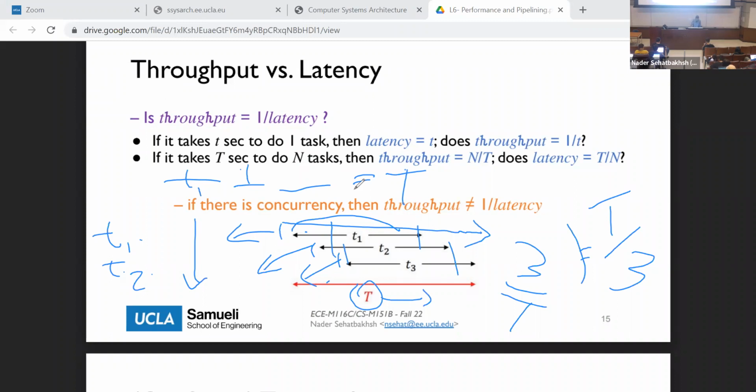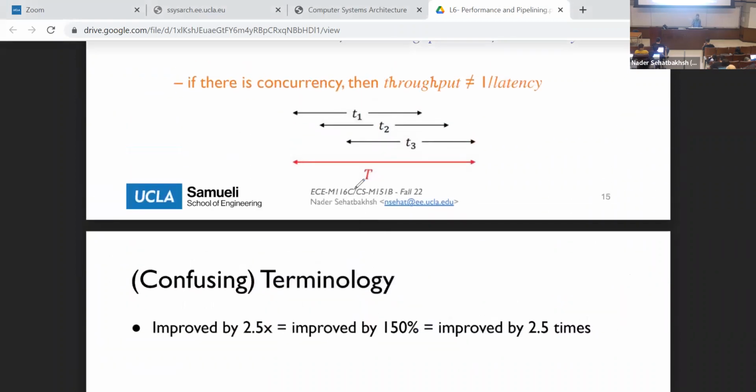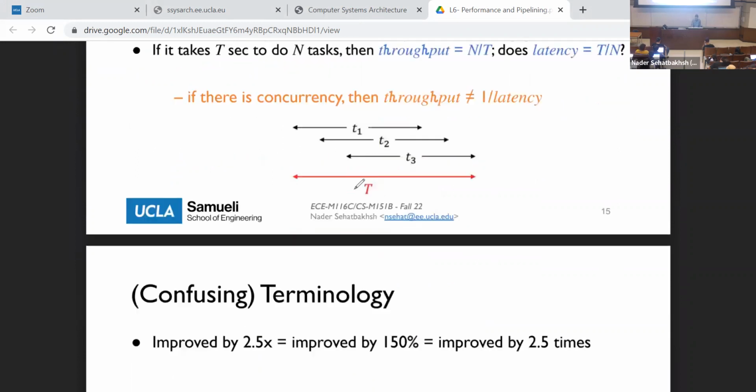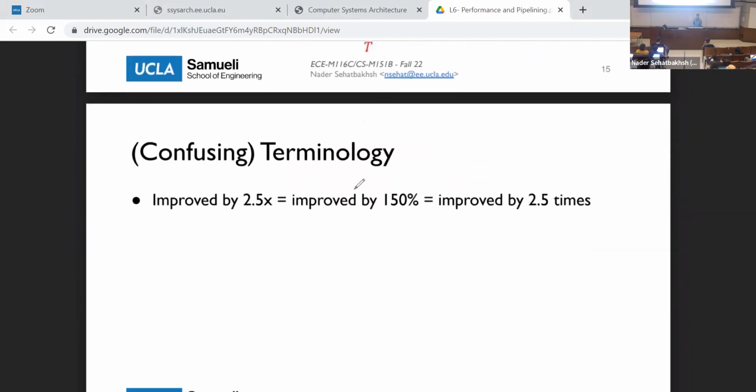Okay. So one thing that I want to clarify before moving on: in computer architecture we generally use a fairly confusing terminology, and that's the word improve. Whenever I say improve, I mean things get better, but it doesn't necessarily mean that the value gets higher.